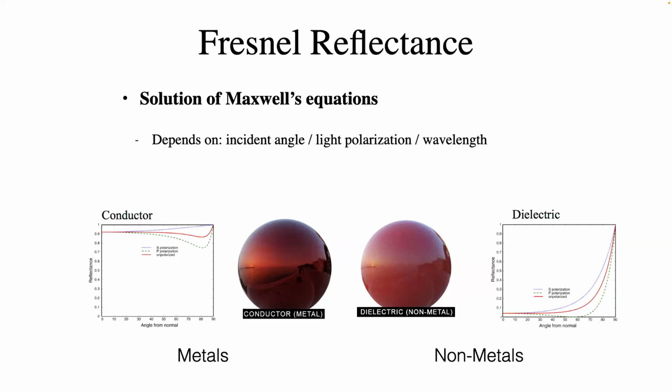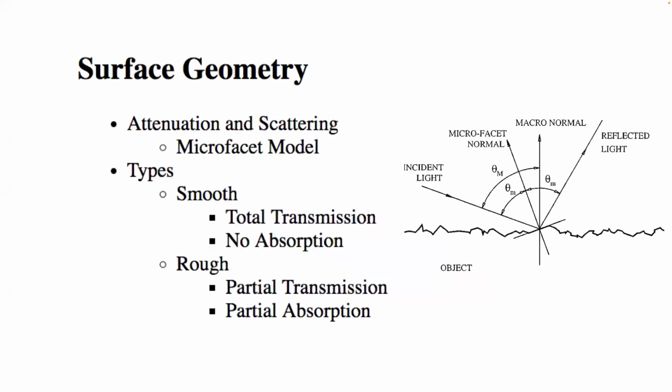So these are very intricate phenomena that are related to the physics of illumination and materials. The other thing that happens is that the amount of light that scatters at the boundary depends on the surface geometry. One way to get a mathematical model of the surface geometry is to study the microscopic properties of the surface.